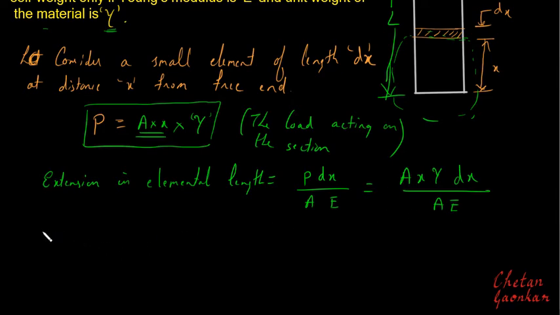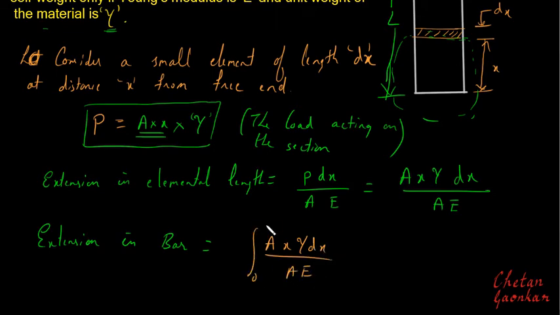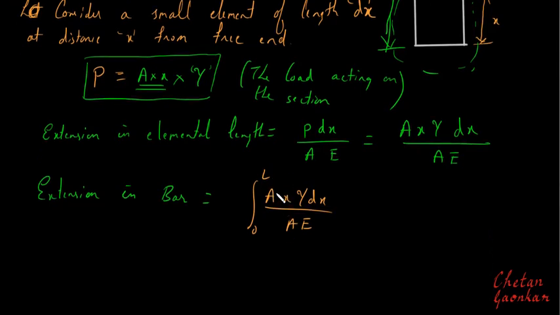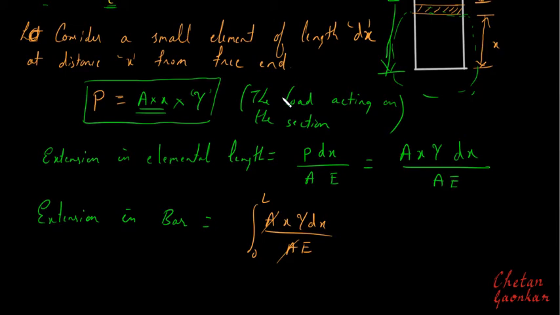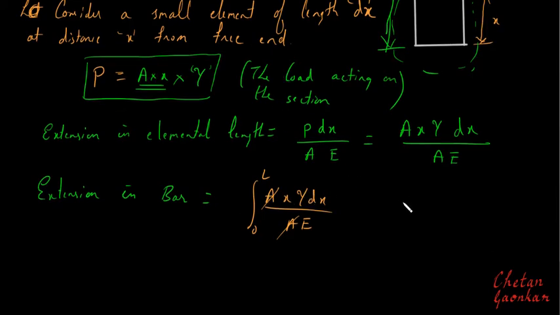So the extension in the bar will be equal to the integral of A x gamma dx divided by AE, from 0 to L. Then I see that this A and this A are the same, so I can cancel out A. This gamma is the unit weight of the material, so I can take it outside, and even this E will be constant for the material.